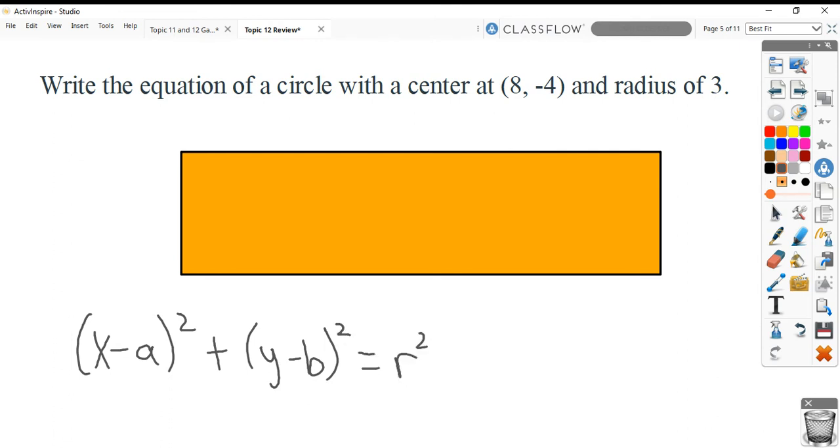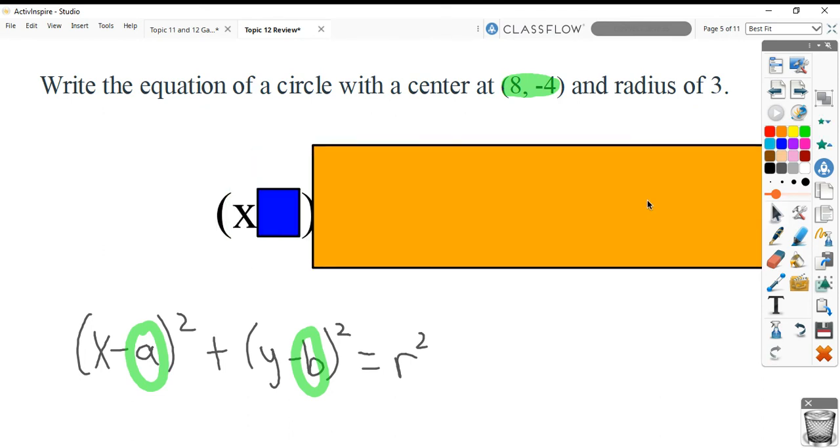When you look at this equation, a and b both come from the center point.